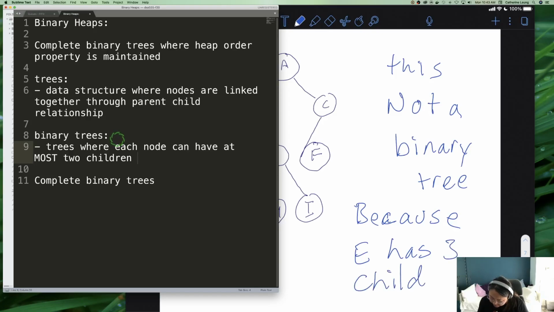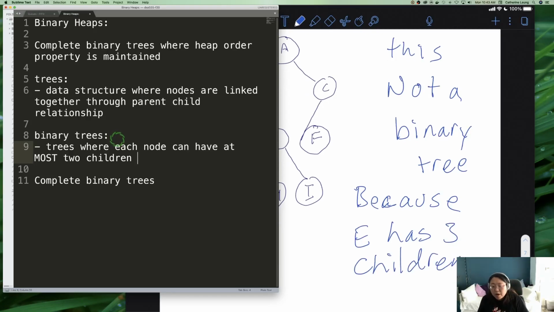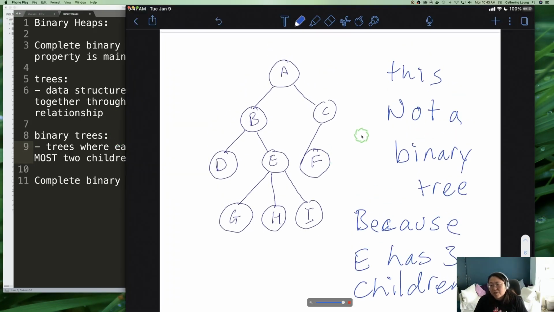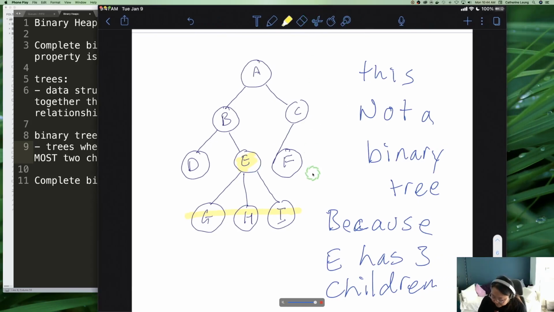This particular picture is not a binary tree because this E node right here has 3 children. G, H, and I are children of E. This is why this is not a binary tree. This is just a regular tree.